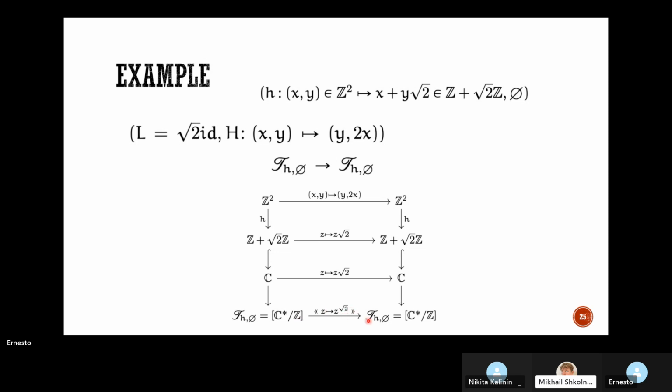I see. So you actually take the quotient by the multiplicative group generated by square root of 2, right? That's right. Like C star is the quotient by the group generated by 1, and then, well, not square root of 2. Yeah, okay, I see.